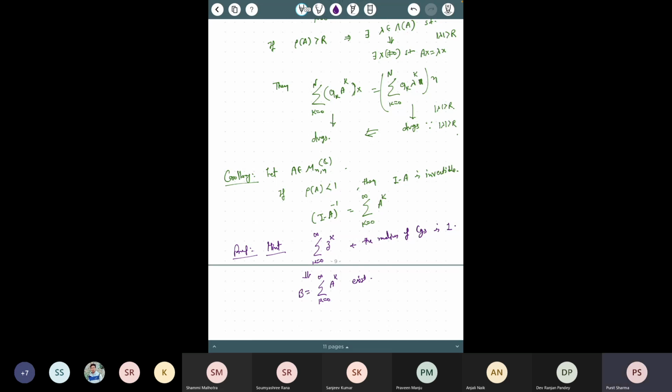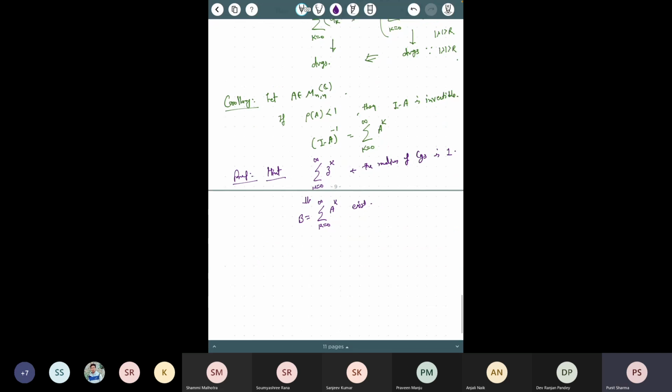Now we want to show that this B is actually the inverse of I minus A. This follows because if you multiply I minus A with this summation, k equal to 0 to n, for any natural number n, then this is just I minus A to the power n plus 1.